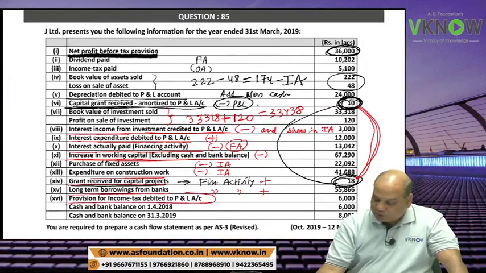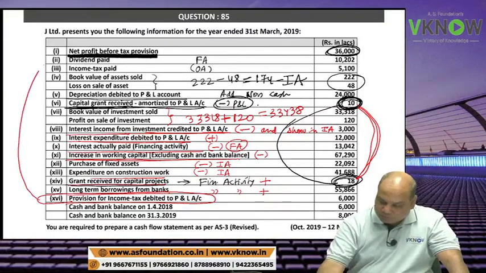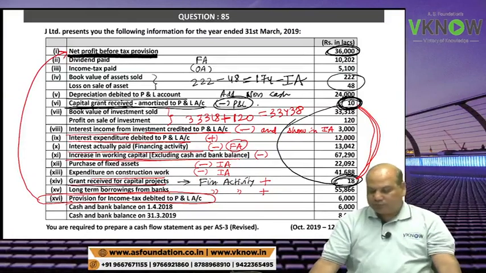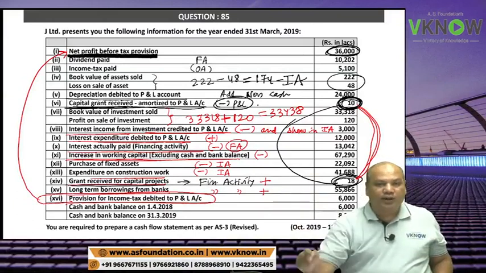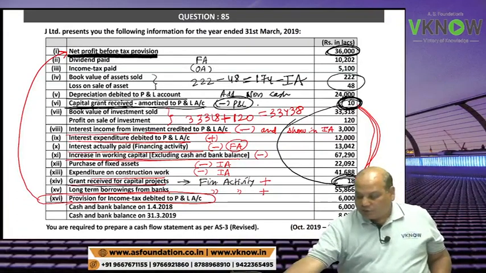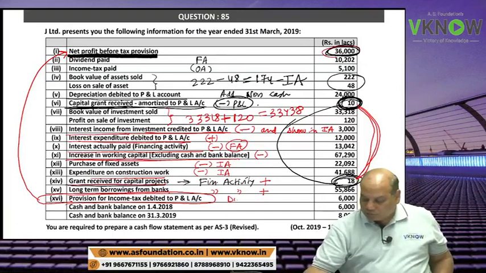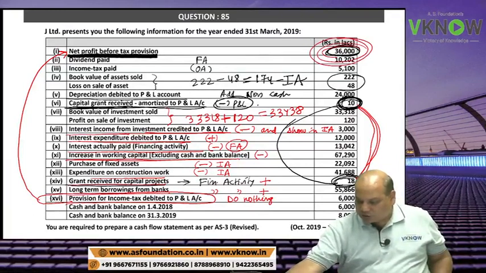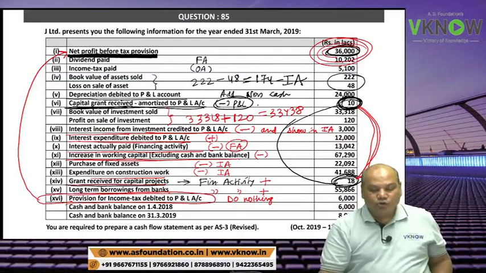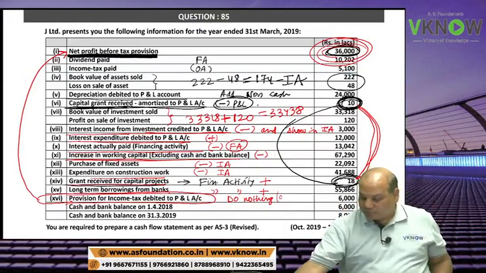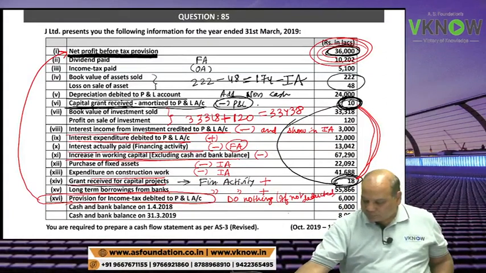And provision for income tax debited to P&L account, you link it with the first item. The first line says net profit before tax provision. If it is before tax provision, then do nothing, because while arriving at 36,000, we have not yet deducted the provision for taxation. So if we have not deducted, then don't add back.